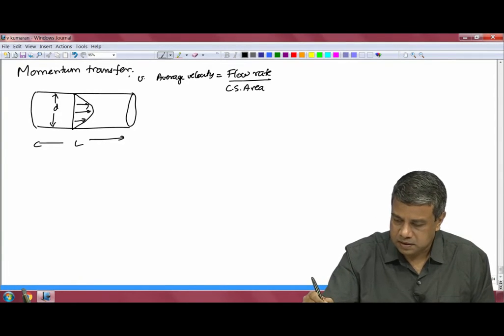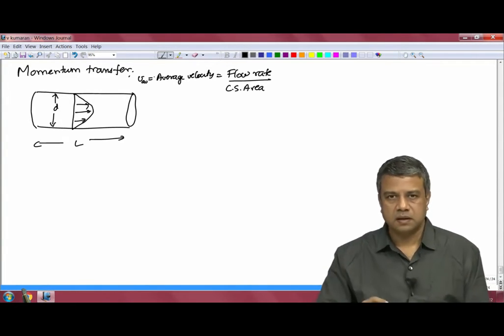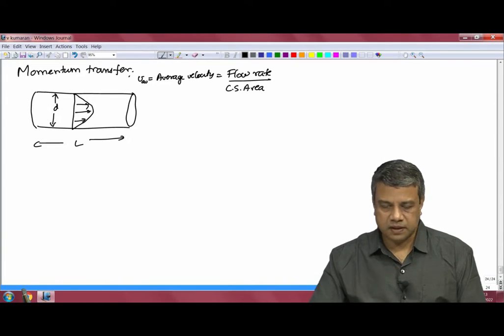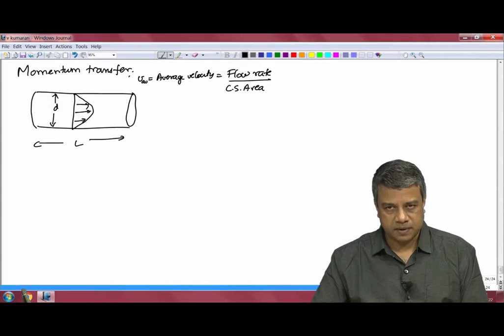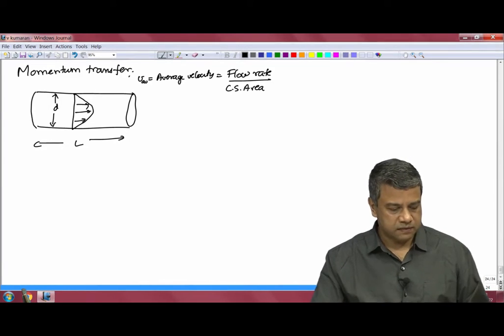The average velocity is defined as the flow rate divided by the cross sectional area, and the diameter is the diameter of the pipe. This is the characteristic length scale for the pipe.